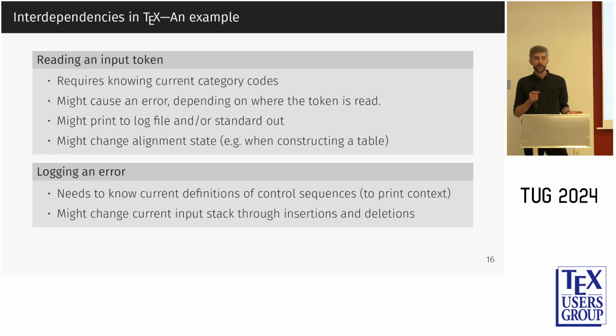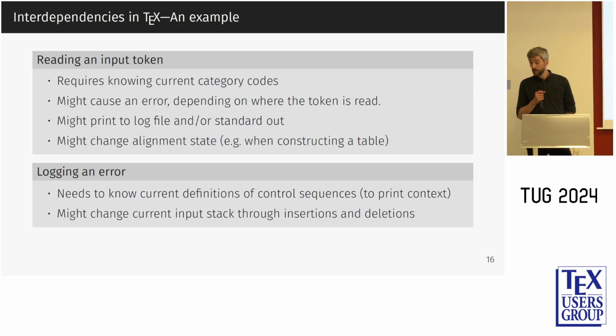So it needs to know these current category codes, which themselves are, again, global variables that are bound by the semantic nest. So how deep are we nested? There are scoping rules. You might cause an error, and that again depends on the global state. So this function might fail if you read the wrong token at a specific point in time of execution. This input routine might want to log to a file or write to standard out.